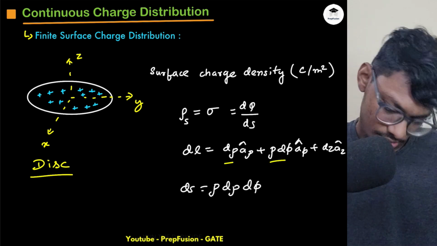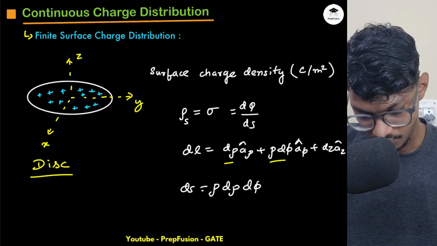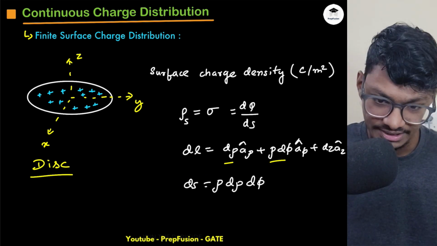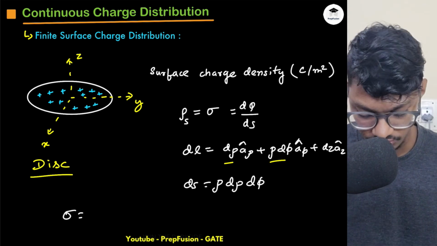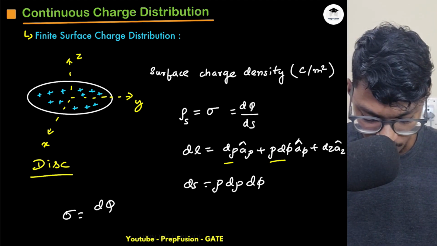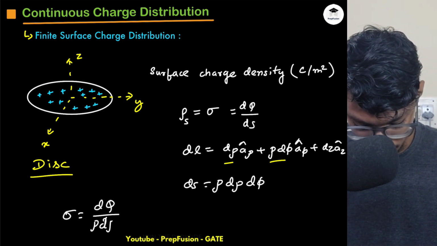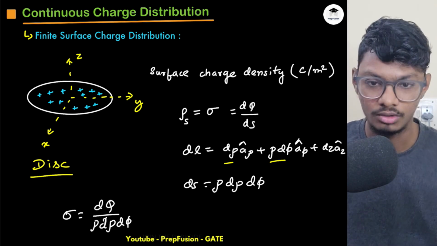This is my ds, and sigma can be written as dq by rho d rho d phi. This is very useful while deriving things. It will be helpful while deriving all of this, just to show you how we can write it.